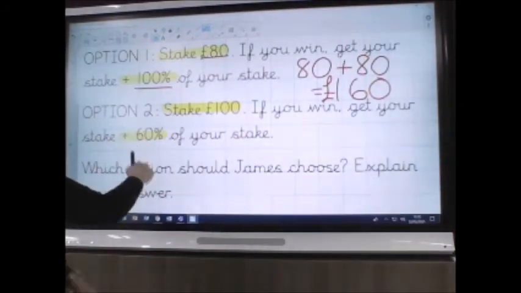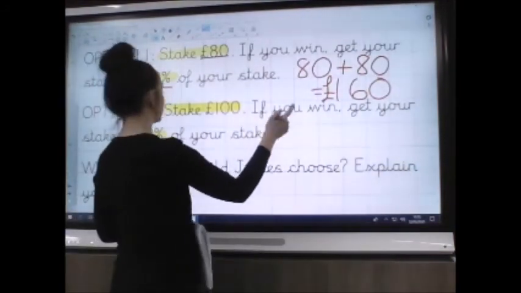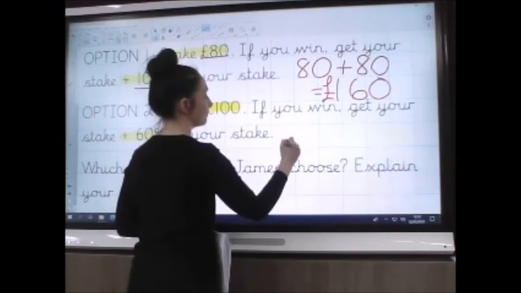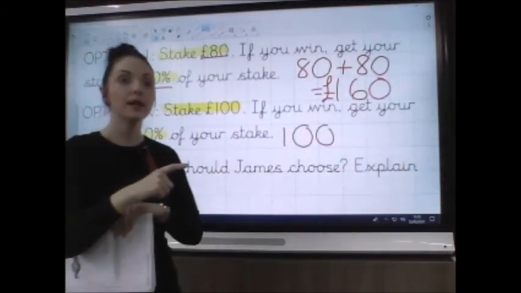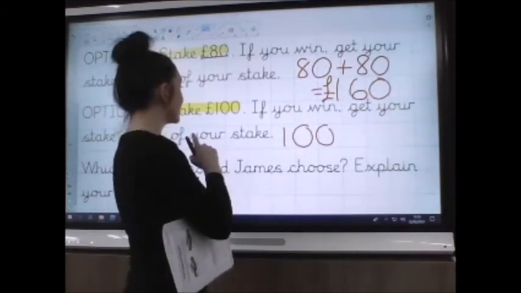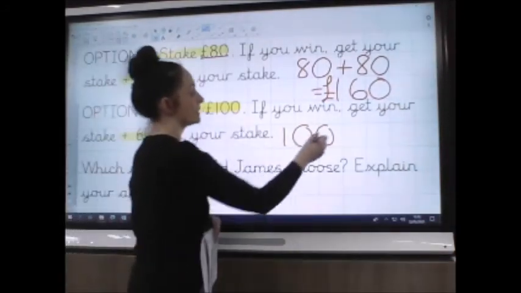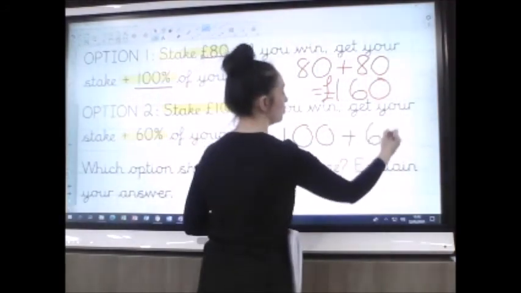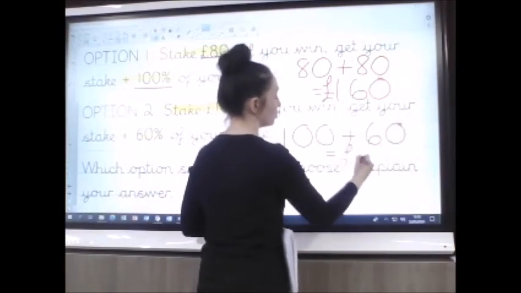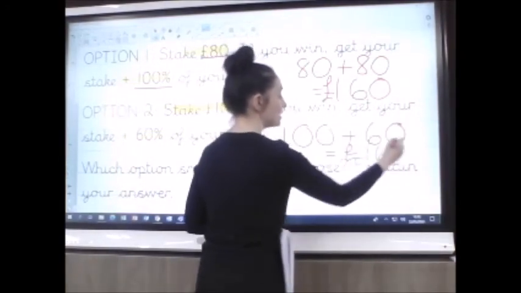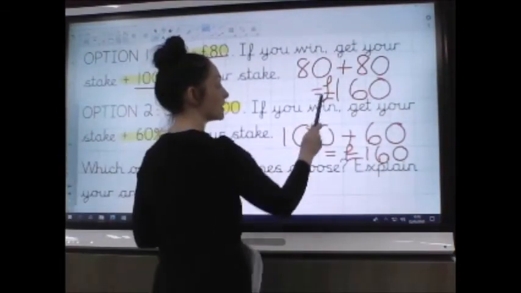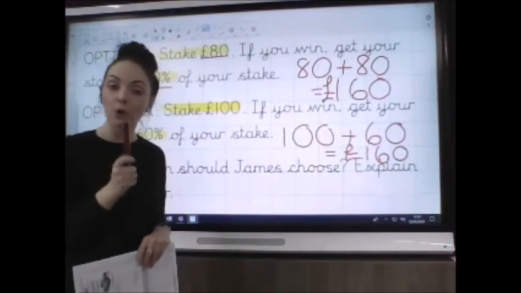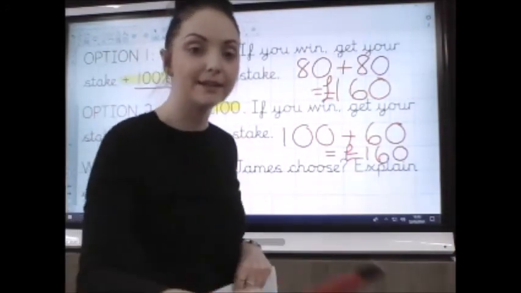If he wins this one, he gets the £100 that he put in, and he gets 60% of that again. So 10% of 100 is 10. 10 times 6 is 60. So he gets 100 add 60, so he gets 160. So in both options, if he wins he gets the same amount. Okay, so he gets 160 in both, but he might not win, mightn't he?